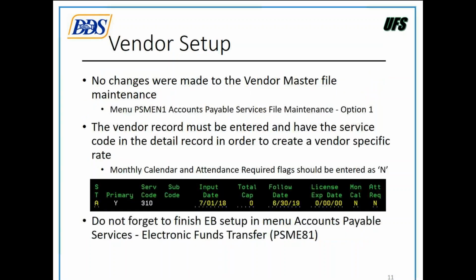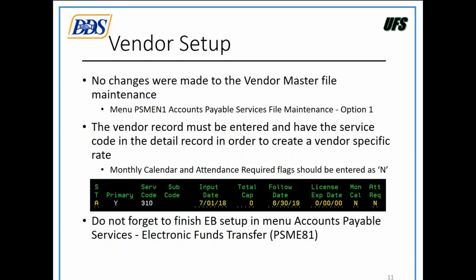So no changes were made to setting up the vendor. You're still going to be doing it via PSMEN1, and you need to input the service code in the detail record so that you can set up your authorizations correctly.